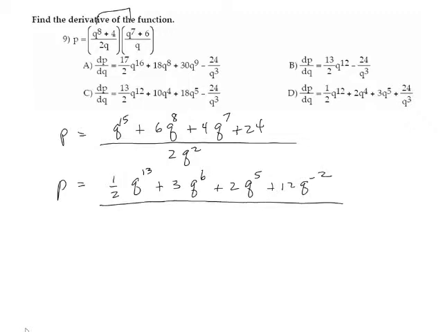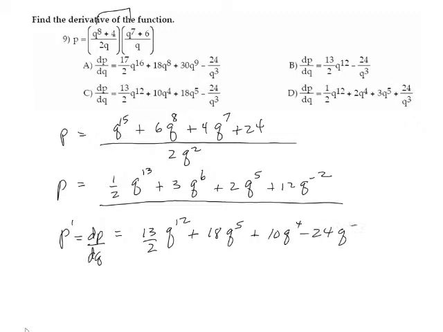Now that you have it in this form, you can take the second derivative of p, which is equal to 2p, equal to dp dq is equal to 13/2 q to the 12th plus 18 q to the 5th plus 10 q to the 4th minus 24 q to the minus 3.